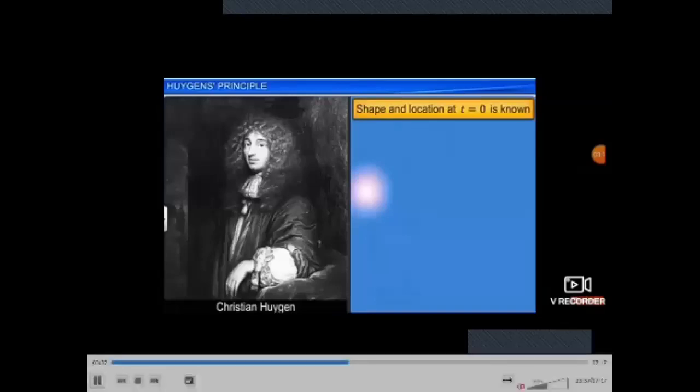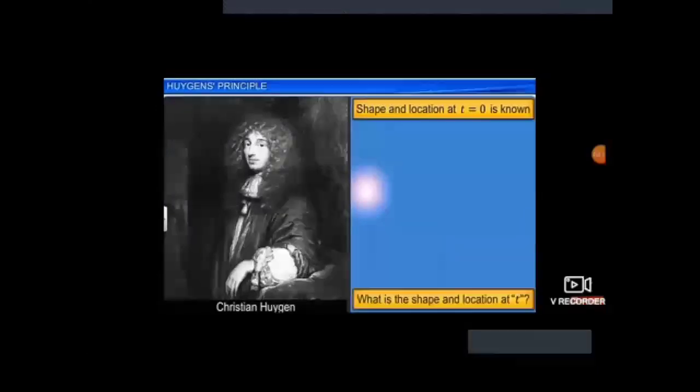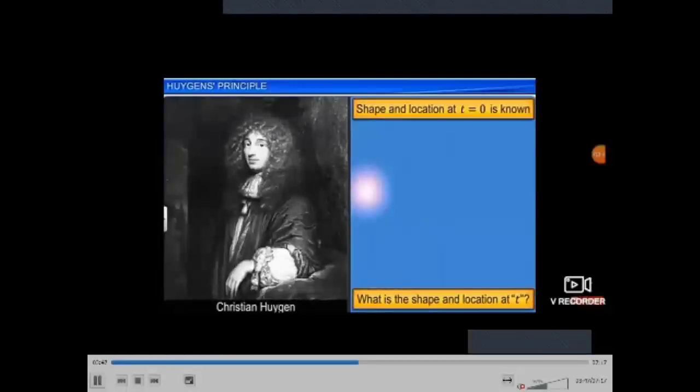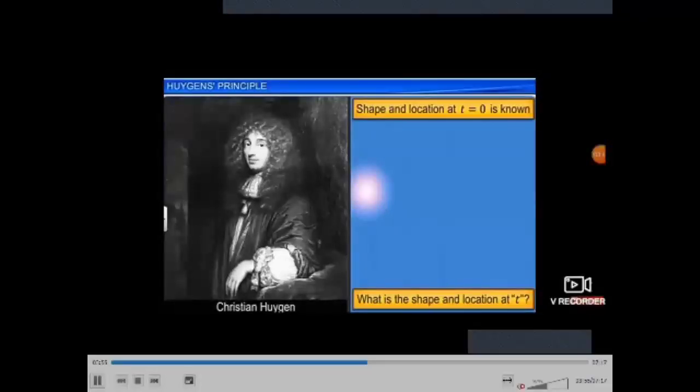So Christian Huygens says to consider the shape and location at t equal to 0, the time when it starts, and then the shape and location at time t, as the wavefront moves from one place to another.